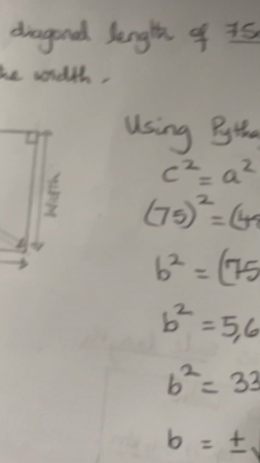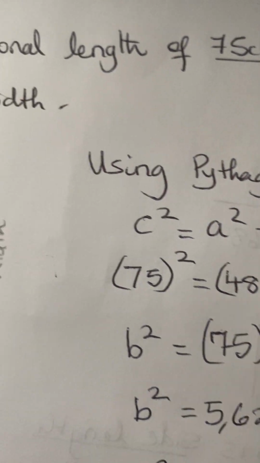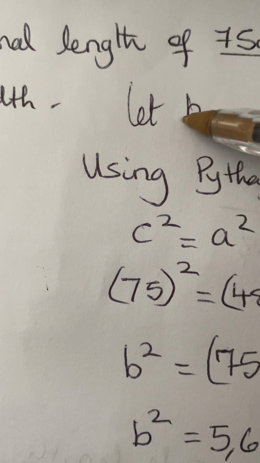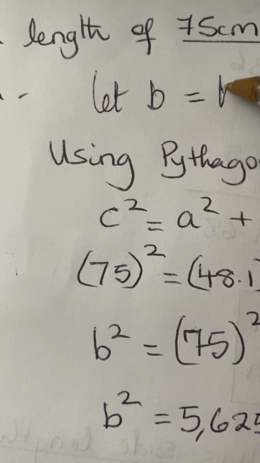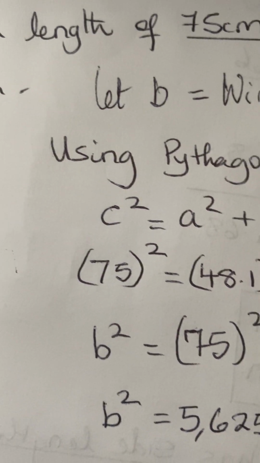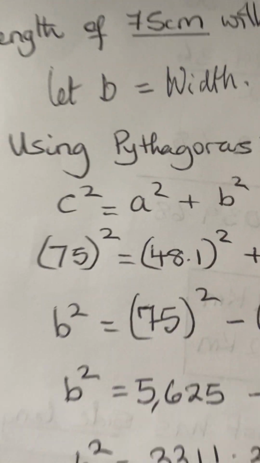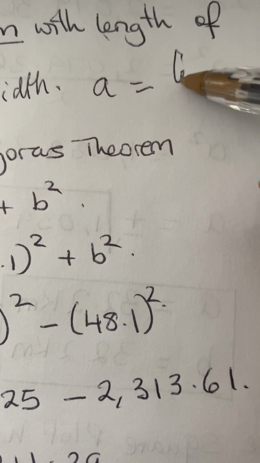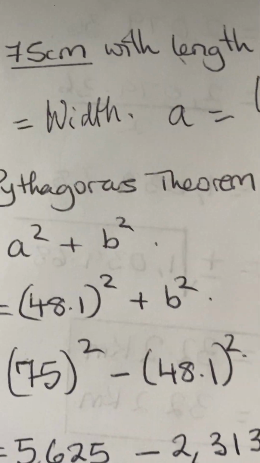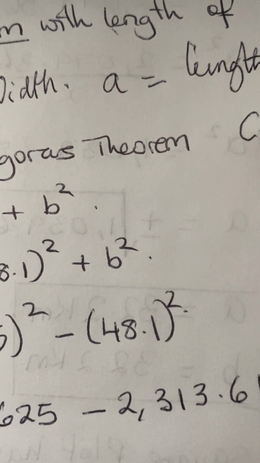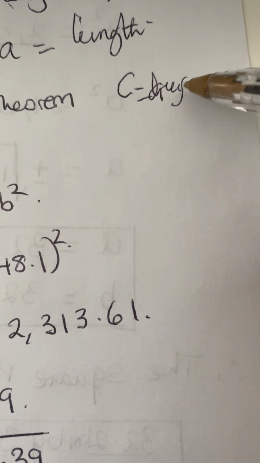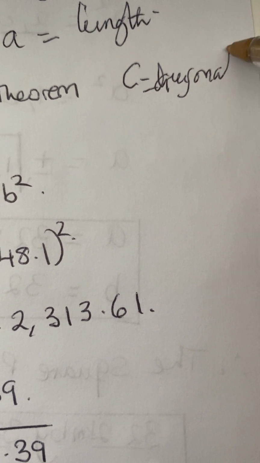You can also start the question by saying let b equal the width, let a equal the length, and let c equal the diagonal. You can start the question by doing that.